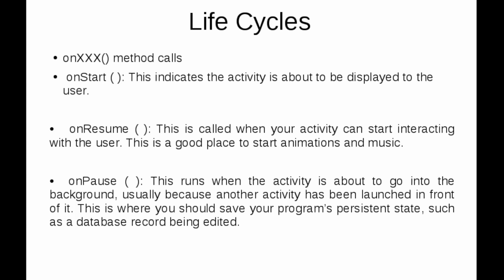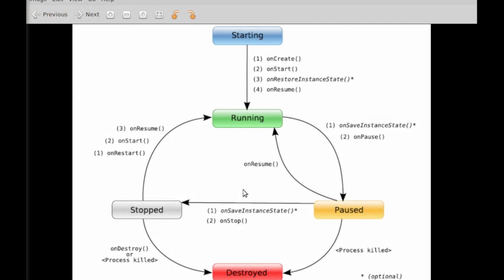Let me show you the life cycle diagram for an activity. During its lifetime, each activity of an Android program can be in several states as shown in the figure. We as developers do not have any control over what state our program is in. That's all managed by the system.